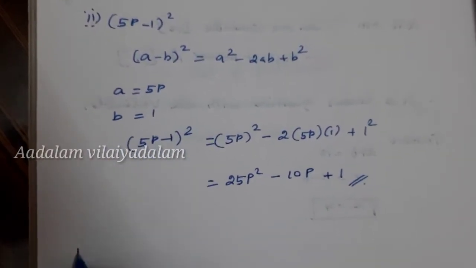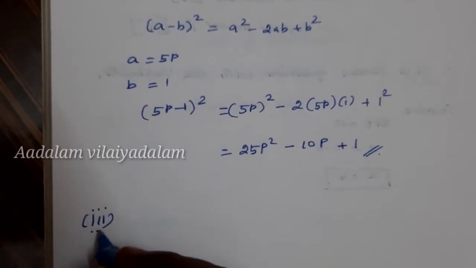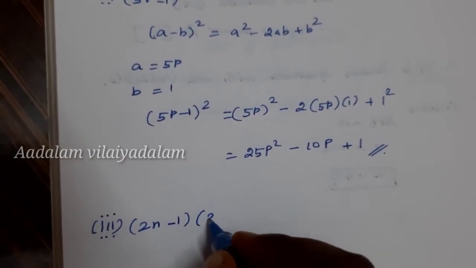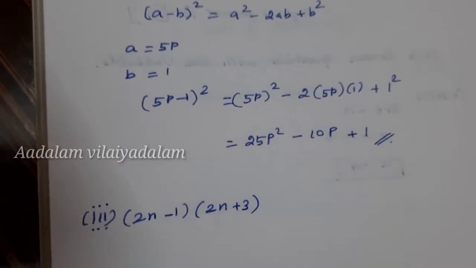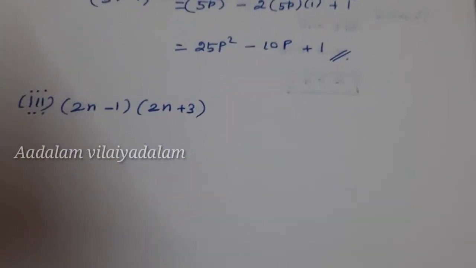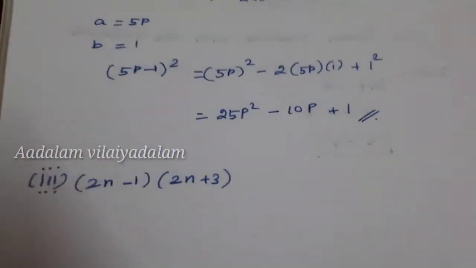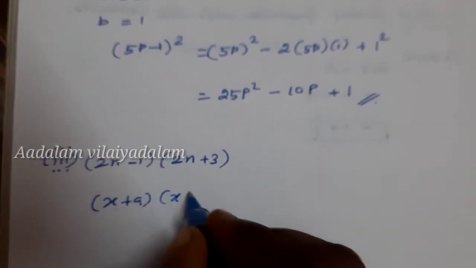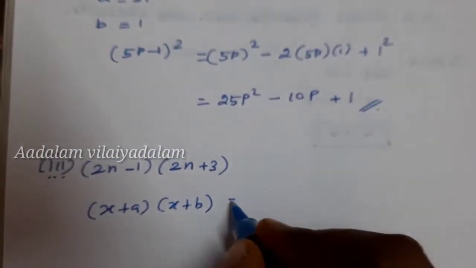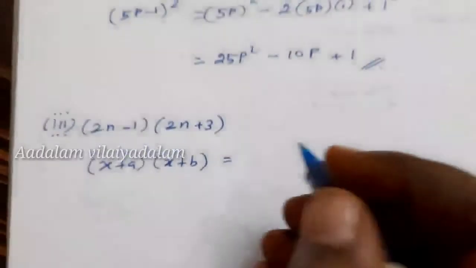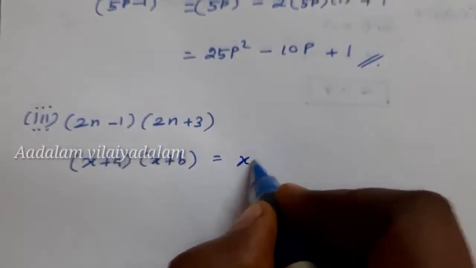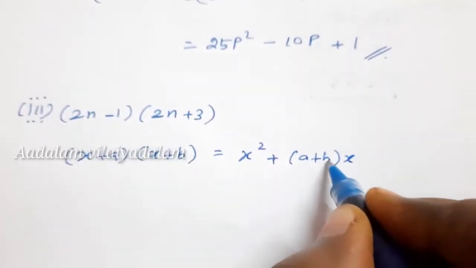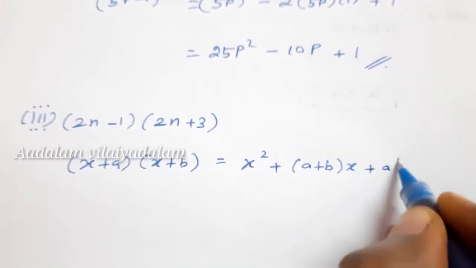Now let's go for the third subdivision, that is (2n minus 1) and (2n plus 3). Now the suitable formula or the identity is (x plus a) into (x plus b), that is x square plus (a plus b) into x plus ab.